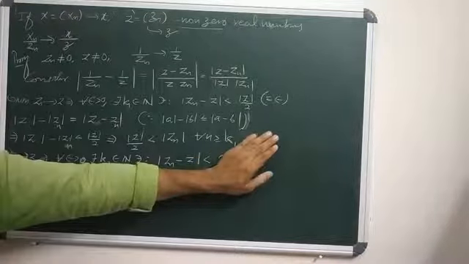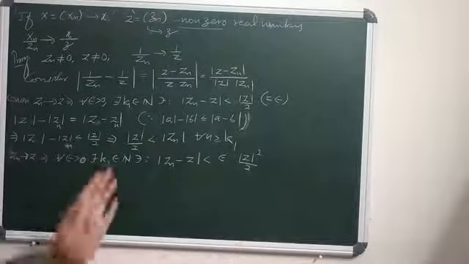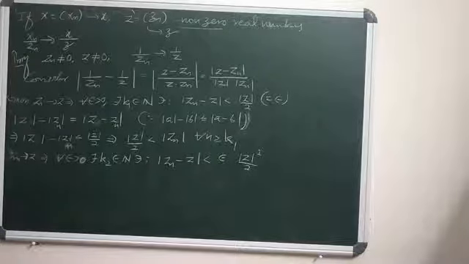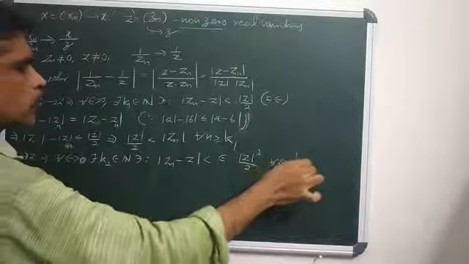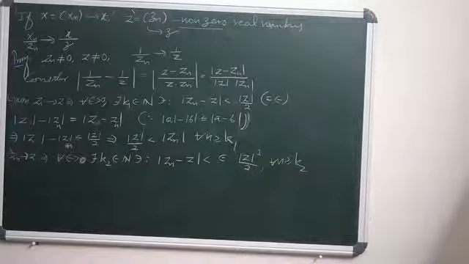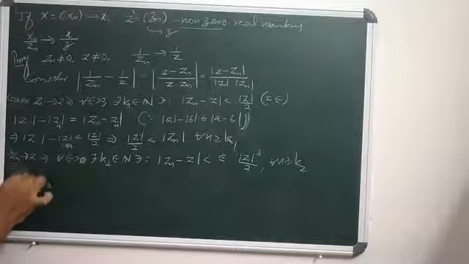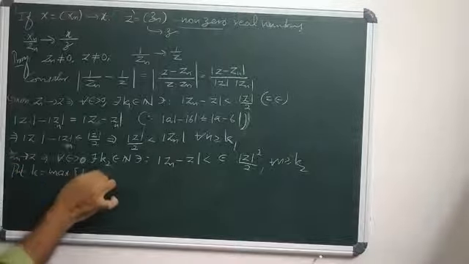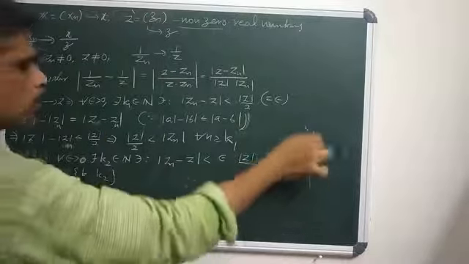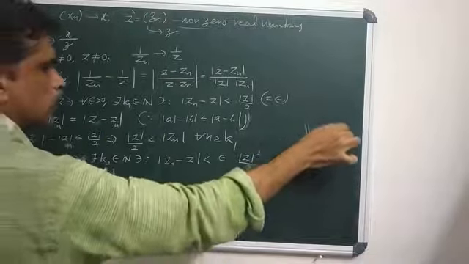Epsilon is sufficiently small, this is again positive, for all n greater than or equal to k2. Now put k equals maximum of k1 and k2. So these two results hold for all n greater than or equal to k.